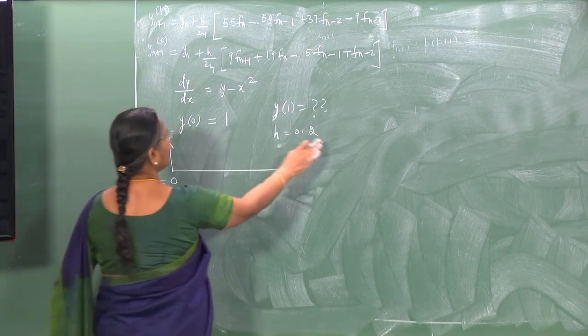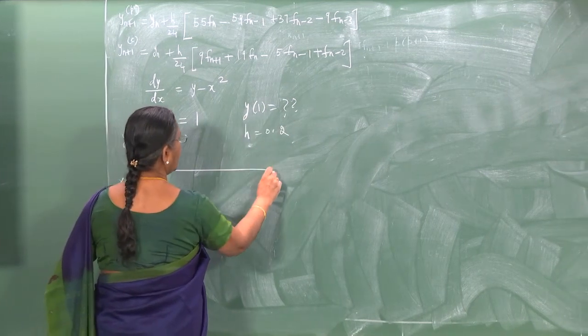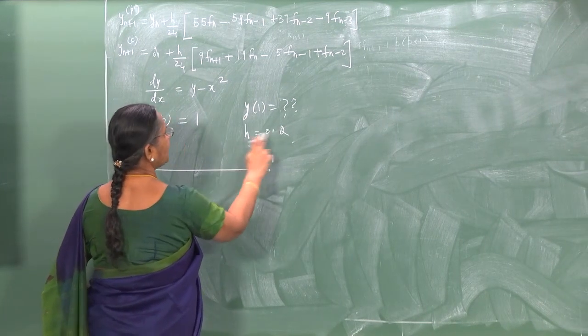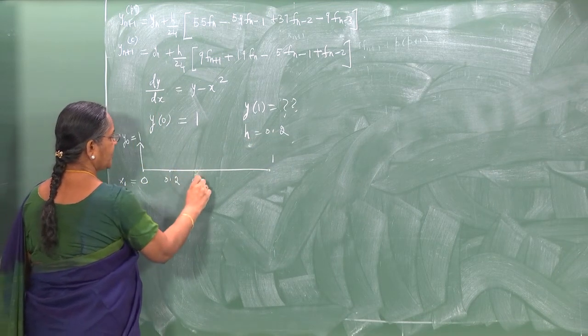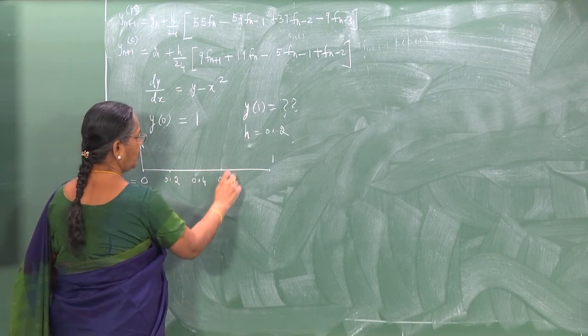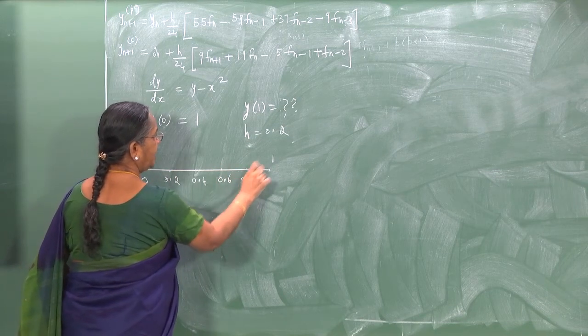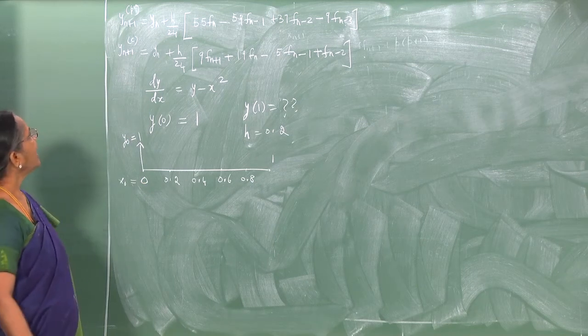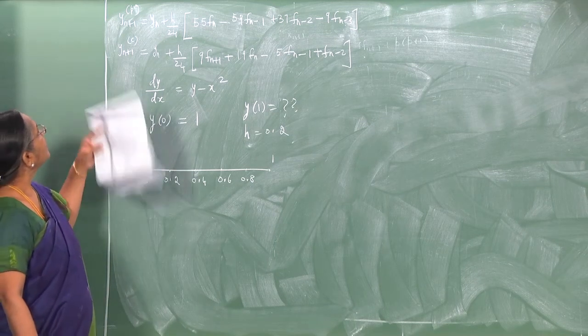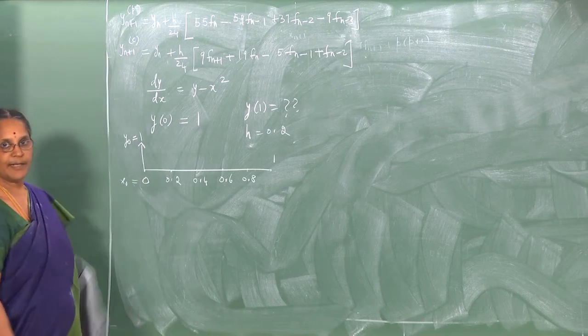And I require the solution at 1, and I am asked to go in steps of h, which is 0.2. So, let us mark these points 0.2, 0.4, 0.6, 0.8 and 1, and I am asked to use the Adams predictor-corrector method.